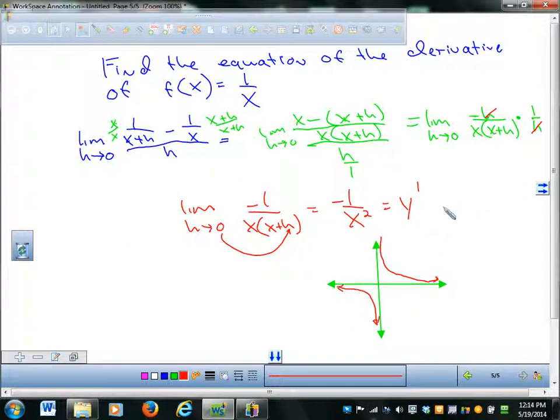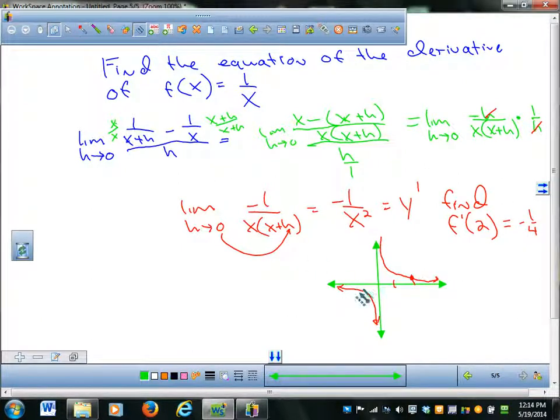So say I want to find f prime of 2. What's the slope going to be? Negative 1/4, when I plug in here. If you think about it, the curve is about 1 when you get to 2. Does it appear that the slope of this line is negative 1/4? Yeah.